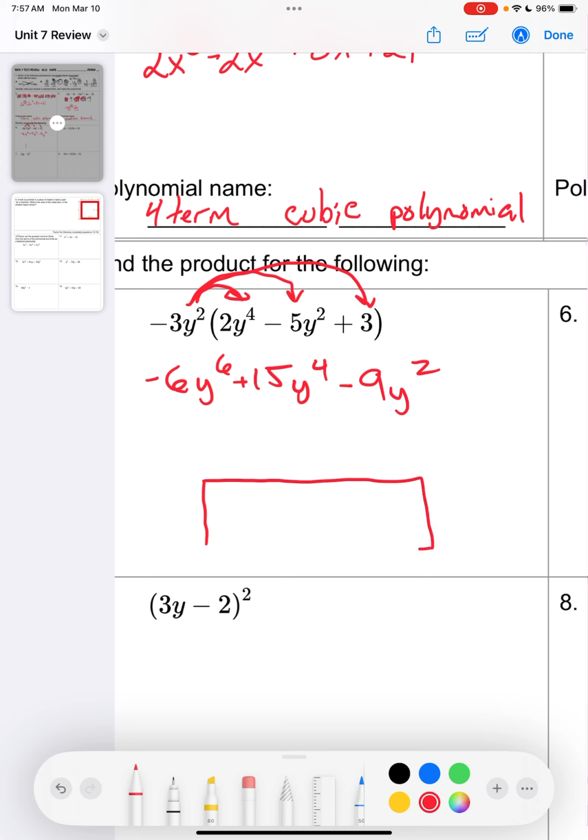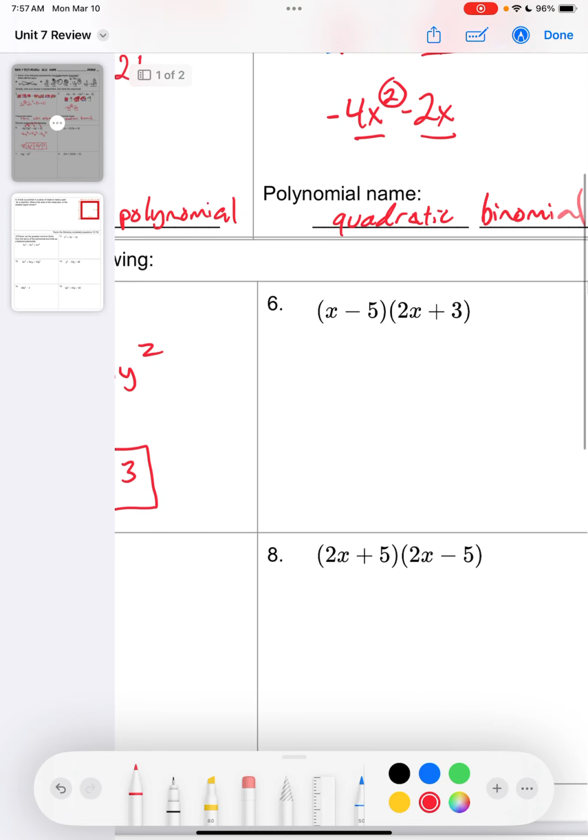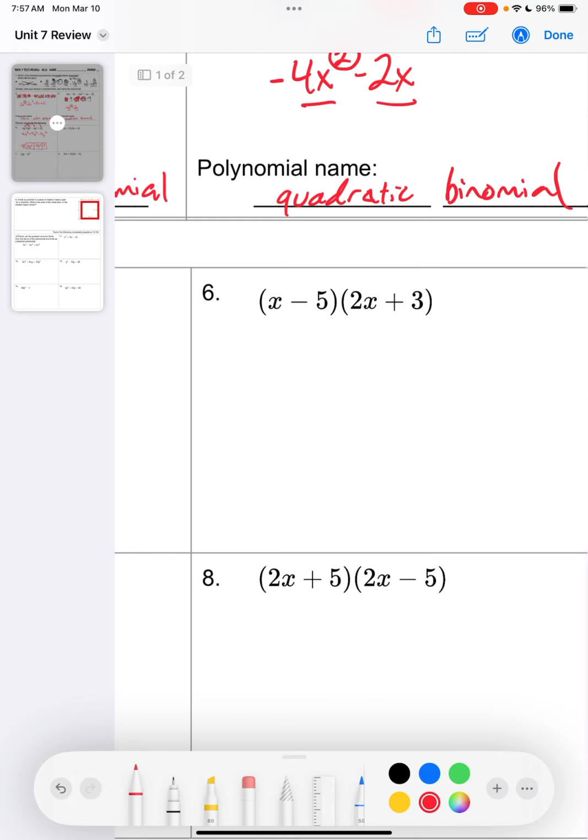For those of you that like using the box, you could set this up like this. And then go through your process there, which leads us to the next one where we'll suggest using that.